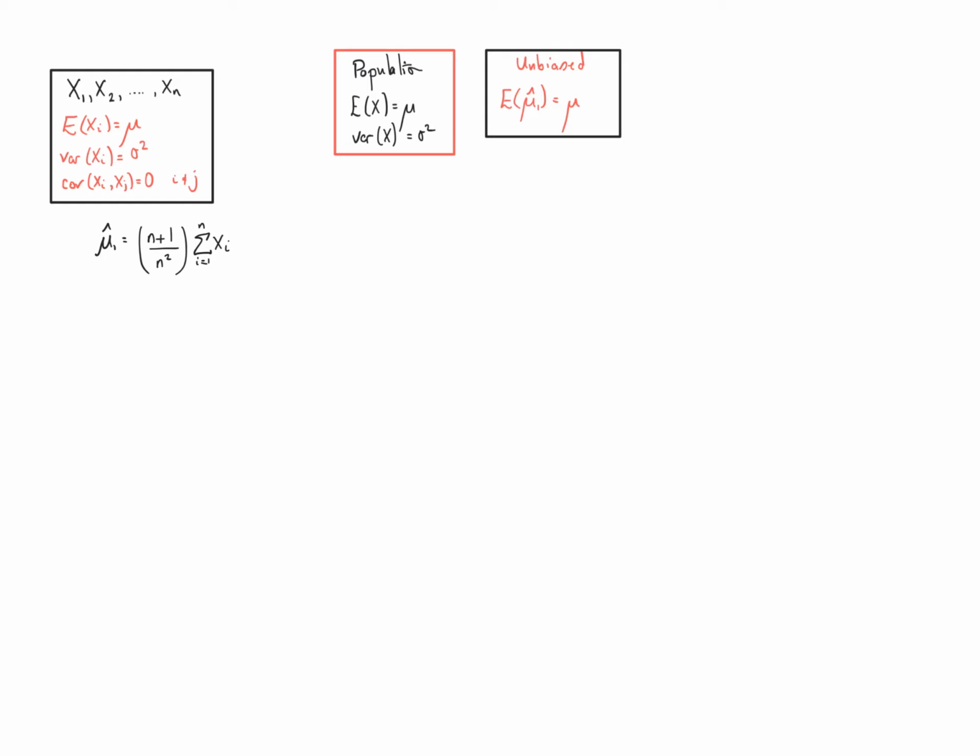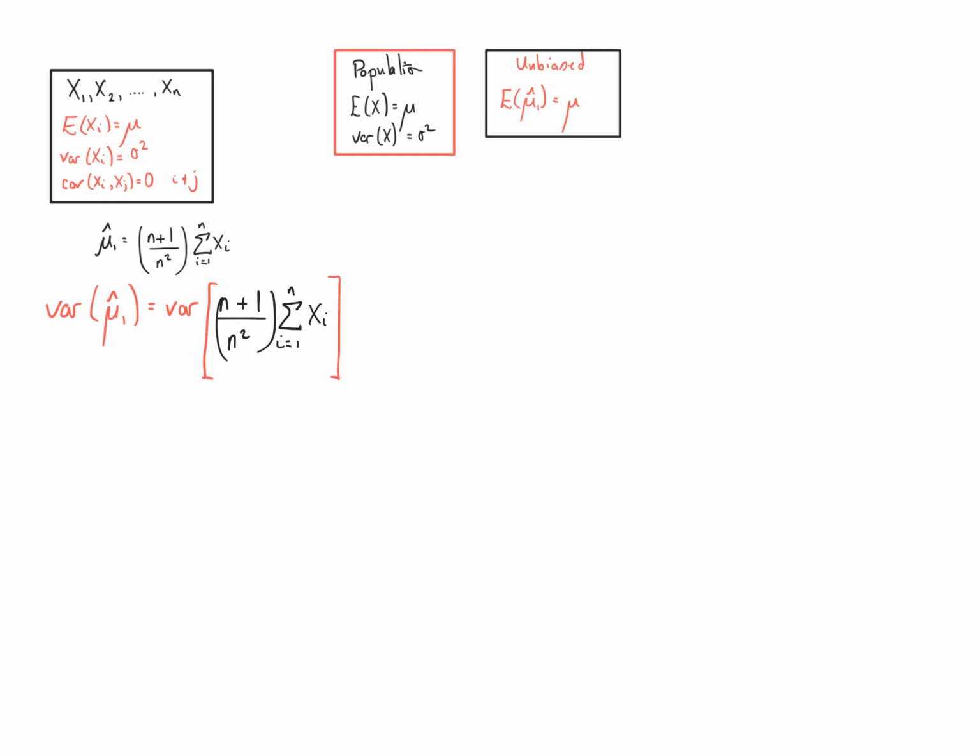Now, the second characteristic we might be interested in is the variance of our estimator mu1 hat. The variance is just going to be equal to the variance of n plus 1 over n squared times the sum of the xi's. So let's substitute that into our variance in place of the mu hat. And we're going to use some rules about variances.